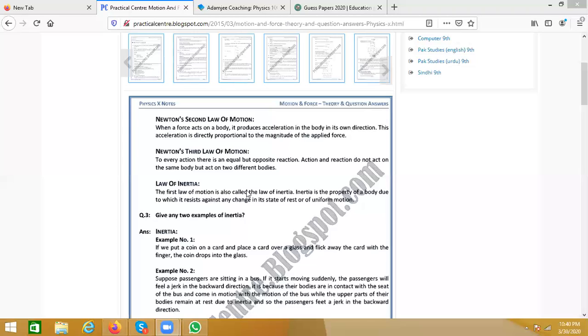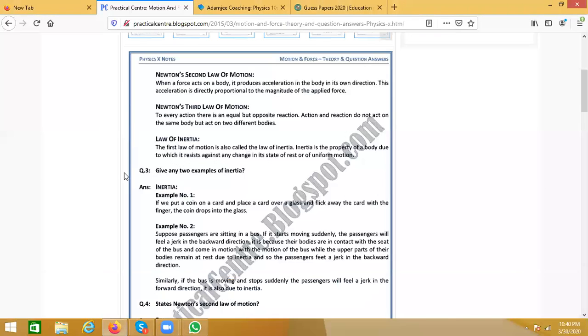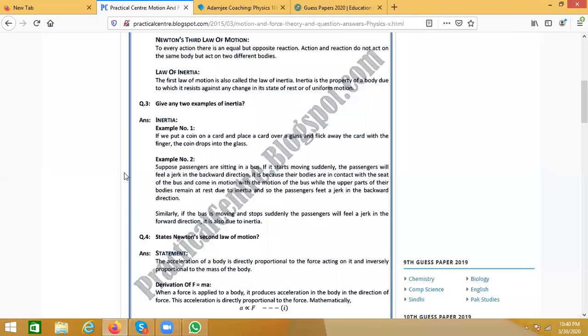Inertia is the tendency of a body to resist a change in its state. So this is known as inertia. Two examples of inertia can be: example number one, if we place a coin on a card over a glass and flick the card away with the finger, the coin drops into the glass, right?